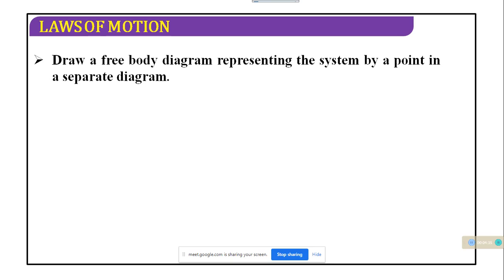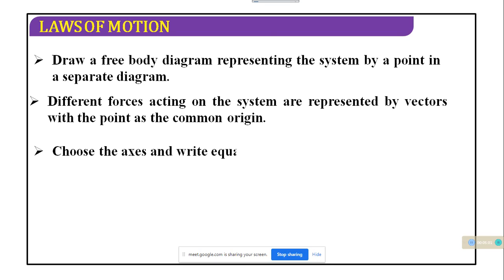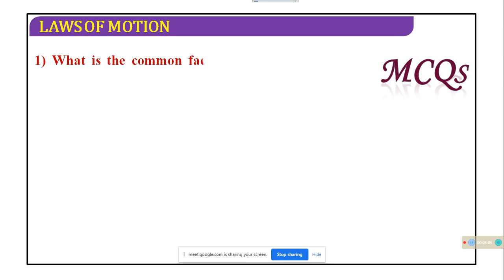Draw a free body diagram, representing the system by a point in a separate diagram. The different forces acting on the system are represented by vectors with the point as common origin. Choose the axis and write the equation of motion.